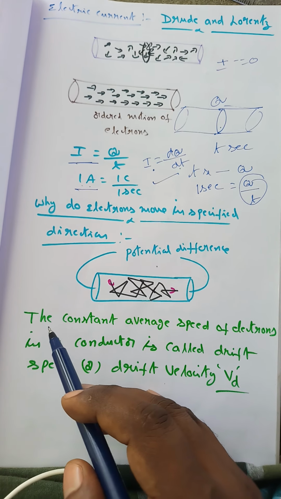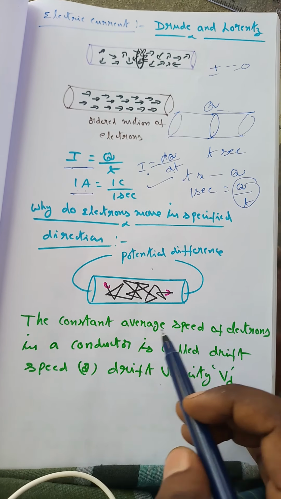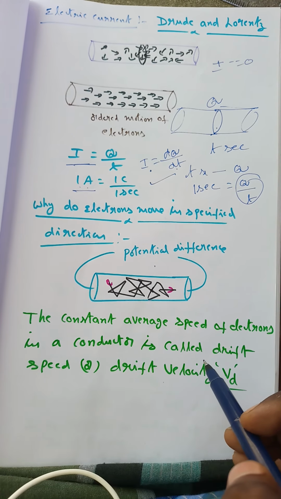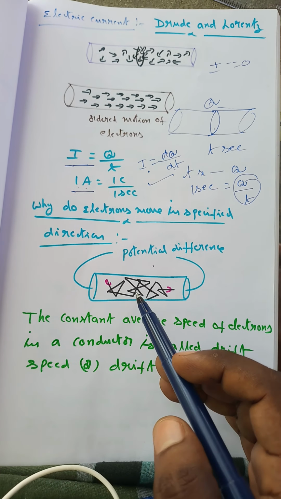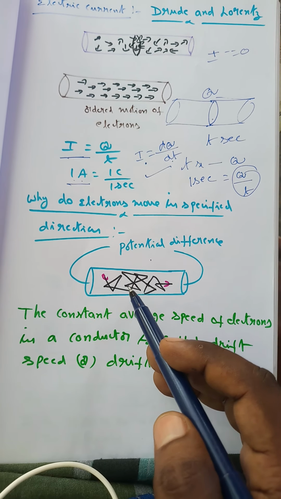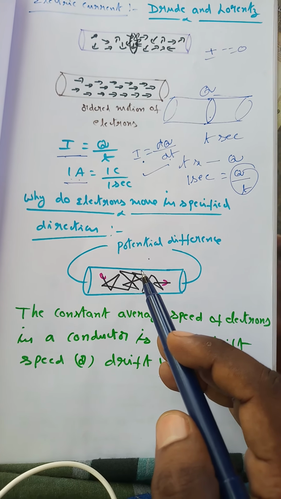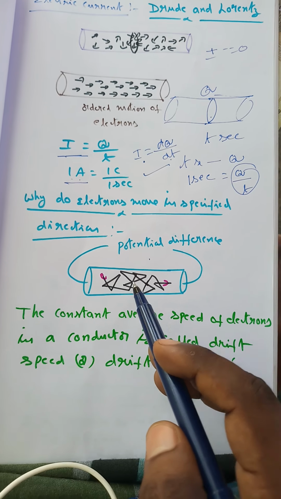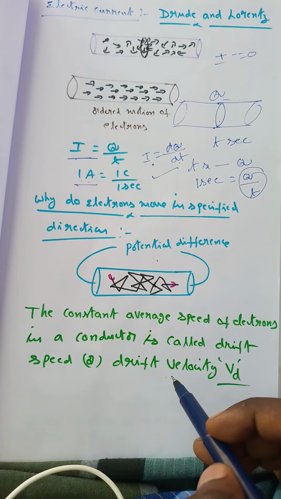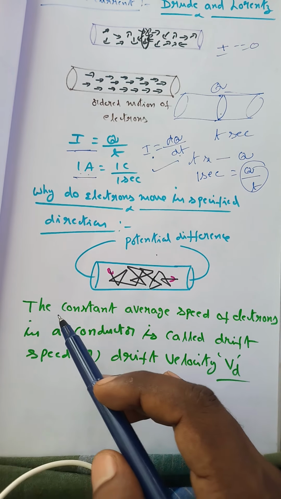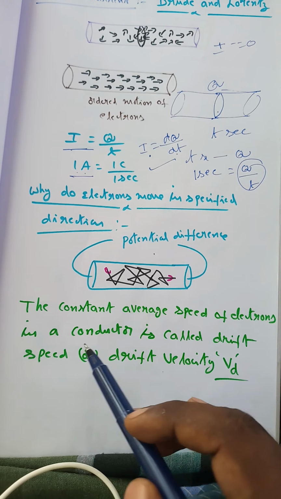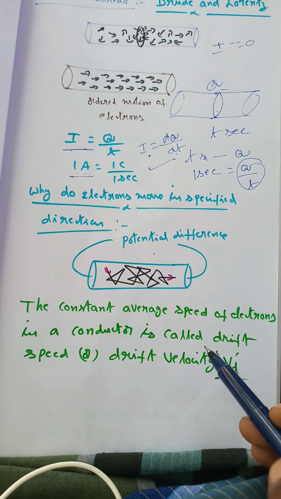That constant average speed of electrons in a conductor is called the drift speed or drift velocity. After a number of collisions, it attains some constant average speed, and that constant average speed is called drift speed or drift velocity. The constant average speed of electrons in a conductor is called drift speed or drift velocity.